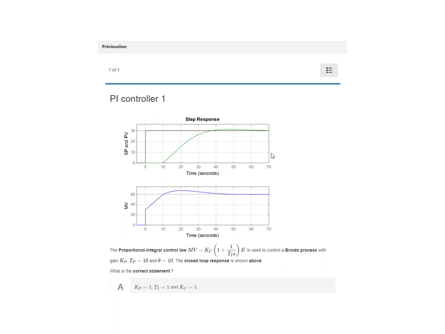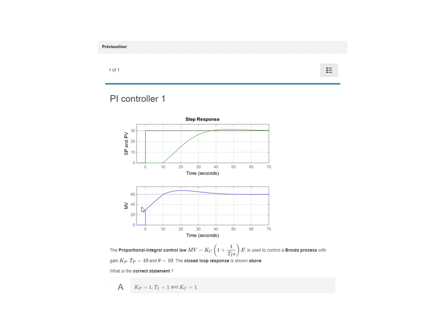It's quite easy to obtain the gain of the process. You wait until MV and PV have settled out. This is the case over here, and you can see that an MV of 60 corresponds to a PV of 30, so the gain is 0.5.